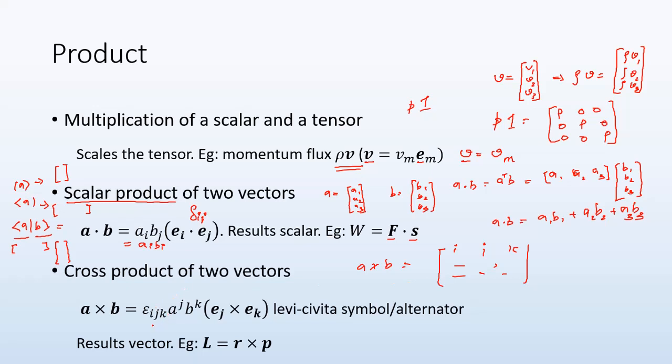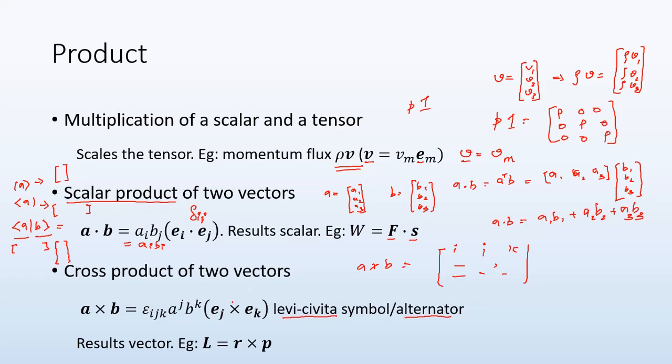So in indicial notation, I can write it as A cross B is equal to epsilon ijk, where epsilon ijk is called the Levi-Civita symbol or the alternator, multiplied by A_j B_k and its basis vectors e_j cross e_k.